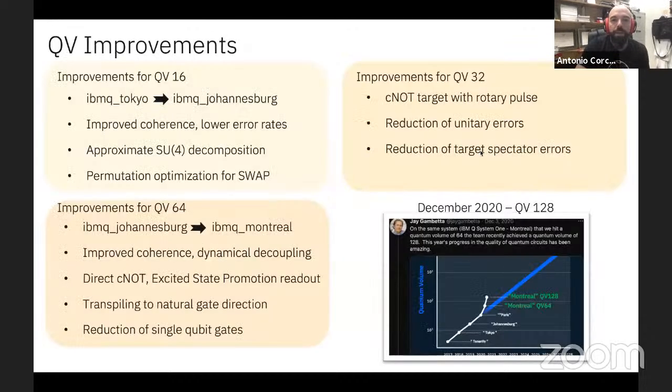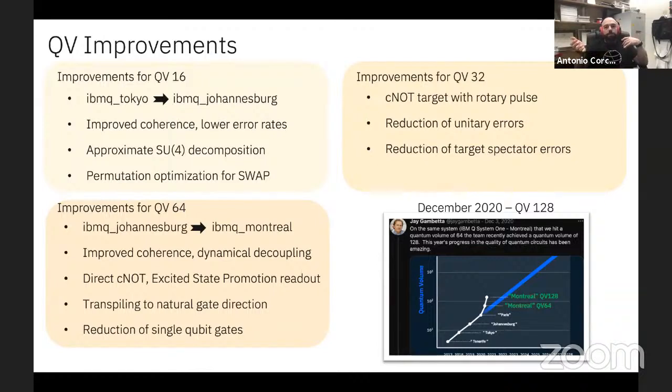And the improvements that we had for that were coming from many fronts. One, of course, was getting better devices. Having devices with lower error rates helps a lot. Better readout fidelity helps a lot as well. Interestingly, in this quantum volume 16 improvement, this Johannesburg backend was less connected than the Tokyo.